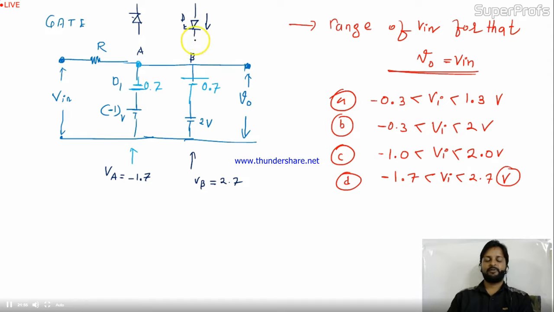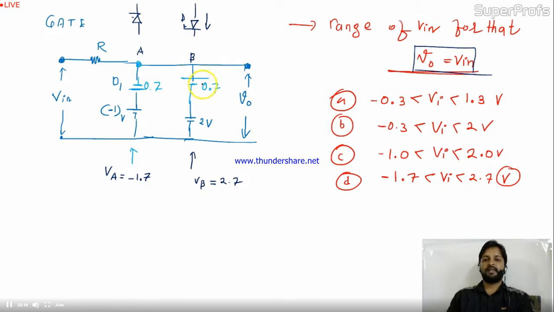When the diode D2 will be in forward bias, and the question is why I am assuming this diode is in forward bias. Why? Because when that diode will be forward bias, the V0 will be no more Vin. The V0 will be 2.7 definitely. And our condition is, we have to check the condition where V0 should be equal to the Vin.